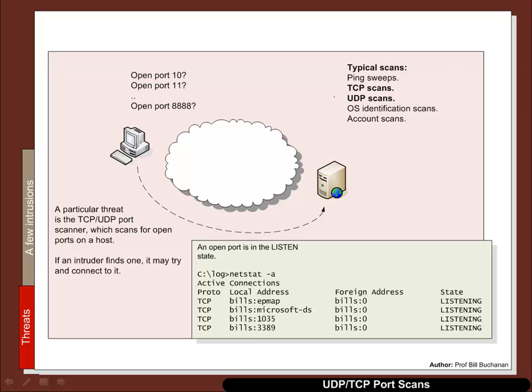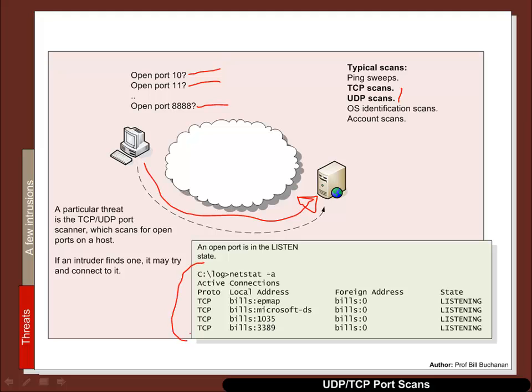So typical signs of malicious activity include TCP and UDP scans, and with this an intruder would scan a host for open TCP and UDP ports. So we can see in this case, try to open port 10, port 11, port 8888, and so on.